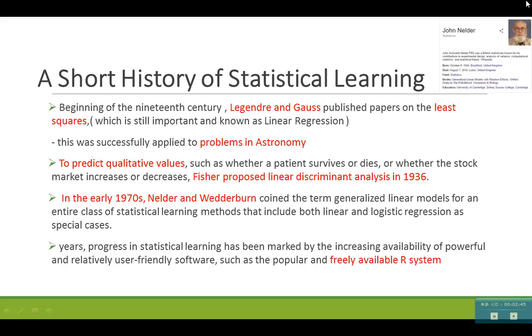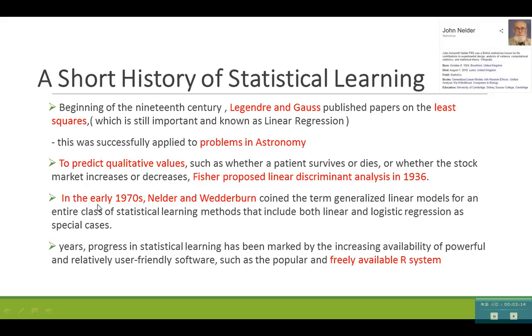When we talk about the history of statistical learning, at the beginning of the 19th century, Legendre and Gauss published a paper about least squares, which is still important and known as linear regression. That process was successfully applied to problems in astronomy.